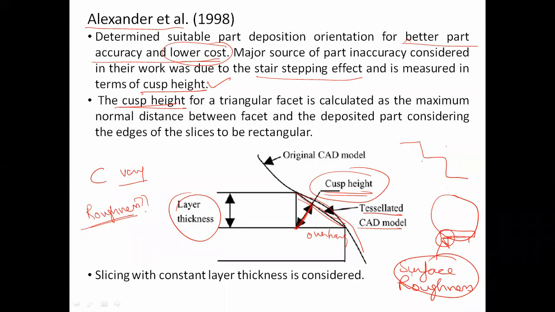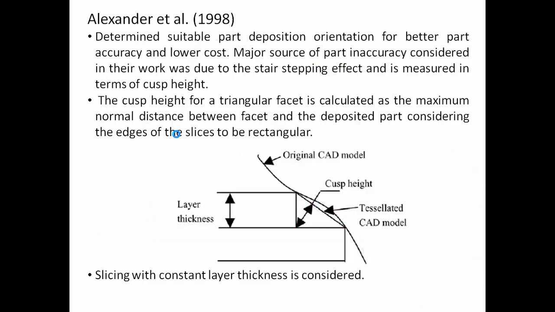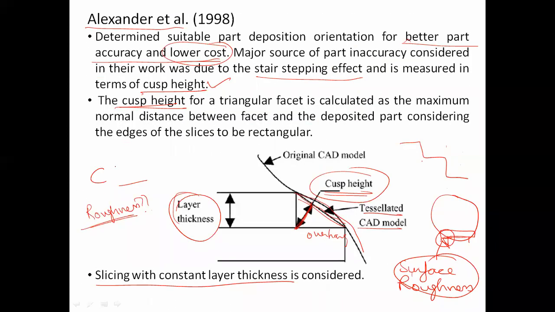So for simplicity's sake, he started with slicing with a constant layer thickness, so that for a given layer thickness, C, that is the cusp height, is known to you.